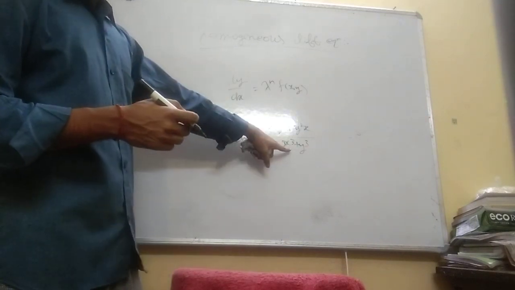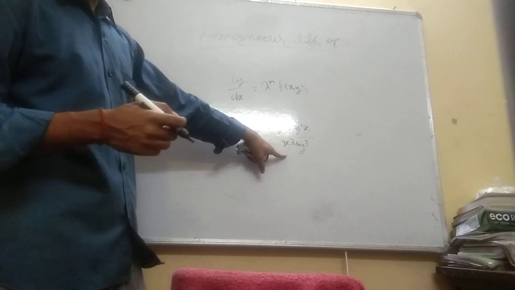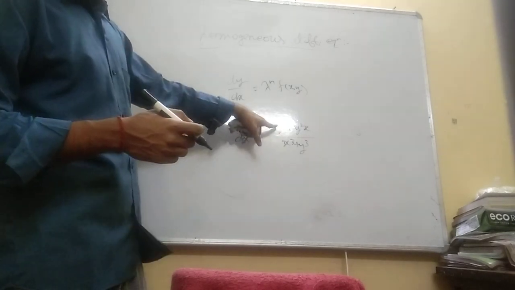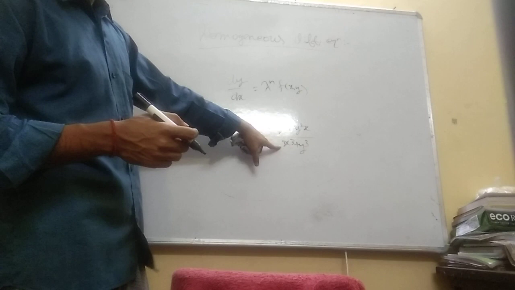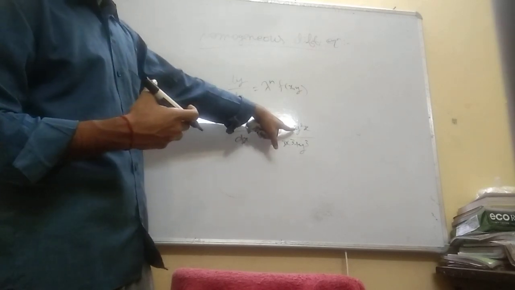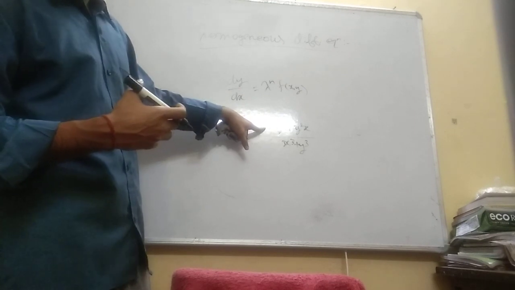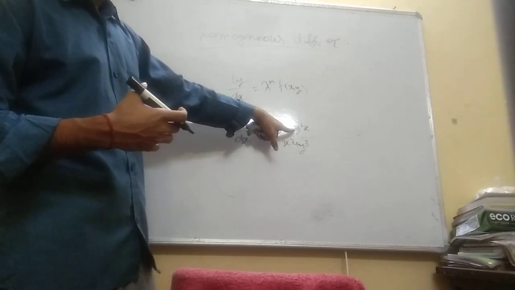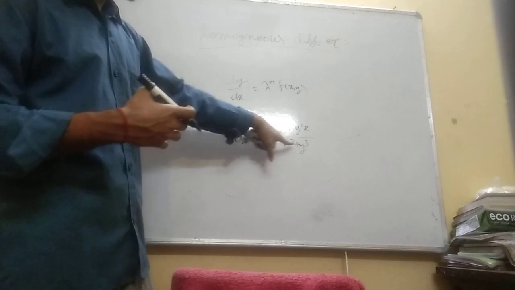So this is a type of homogeneous differential equation because the degree is 3 here and also 3 here, so you can put the value of lambda x and lambda y in place of x and y. So you will get lambda cube, and from here you will also get lambda cube, and lambda cube will cancel out.